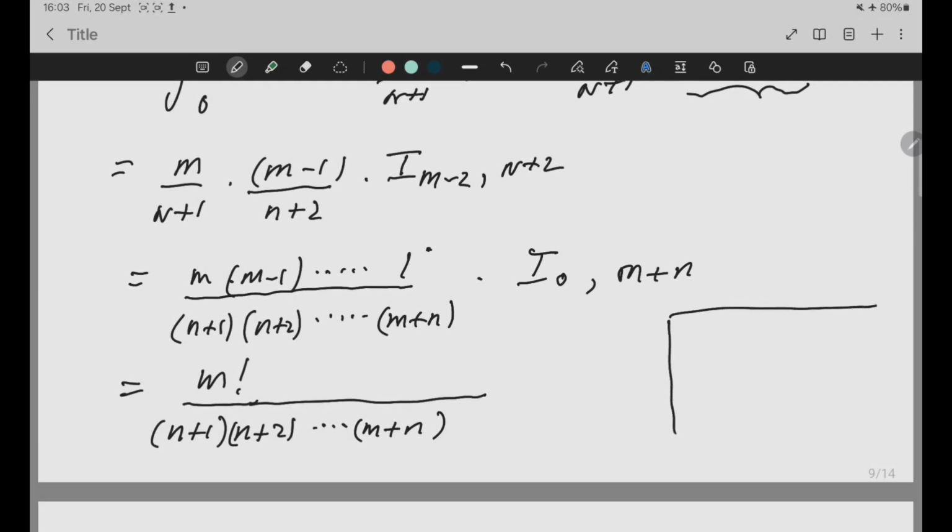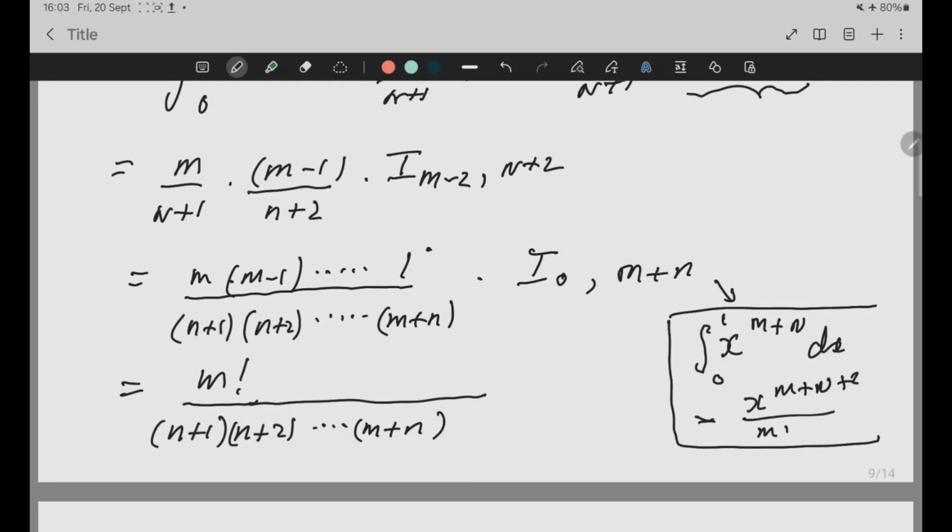we'll work that out over here. So I_(0,m+1) will be simply the integral of x^(m+n) dx, limits 1 and 0. And what does that come to? That will be x^(m+n+1) over m plus n plus 1.